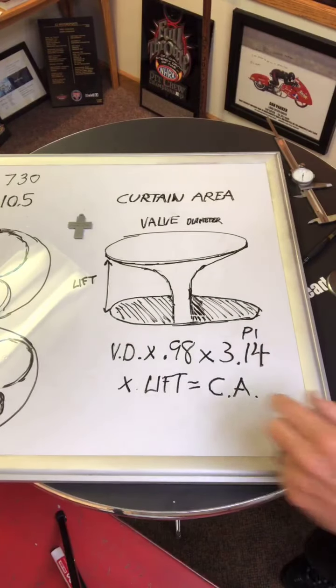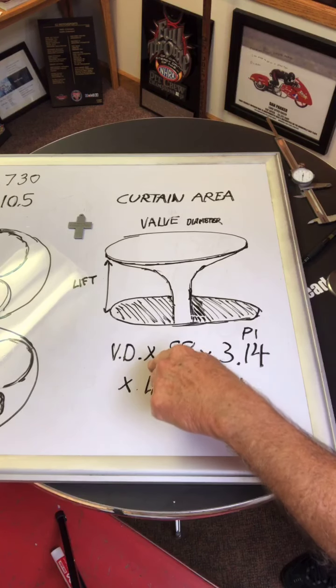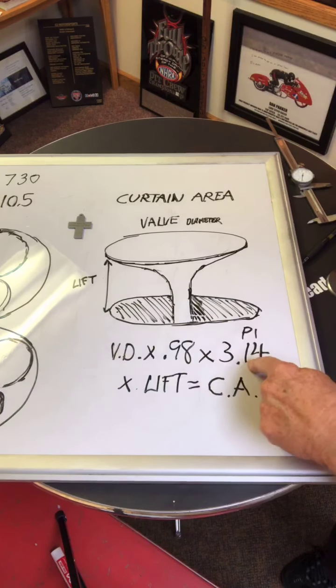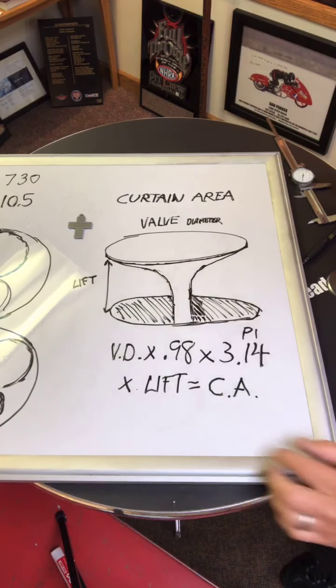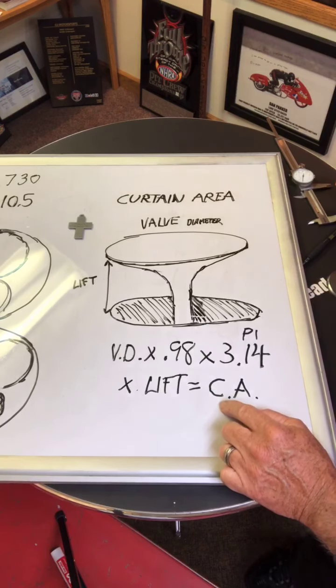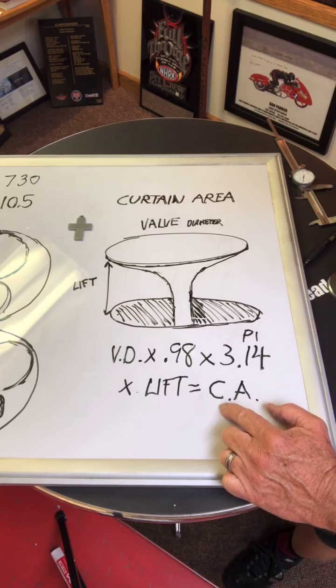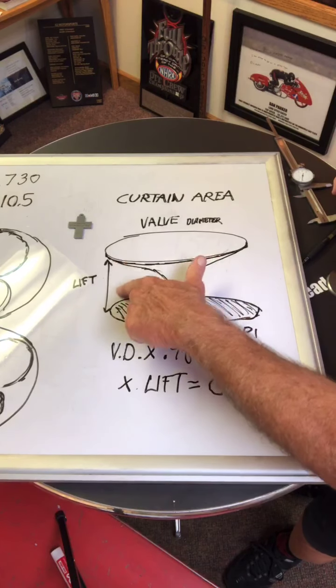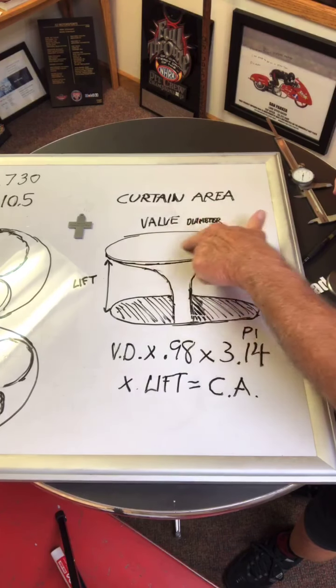Okay, valve diameter times 0.98, which is the valve job, times pi, which is 3.14, times the lift, gives you curtain area. Now let's talk about what the curtain area is. The curtain area is the effective area where the camshaft lift comes into play with the diameter.